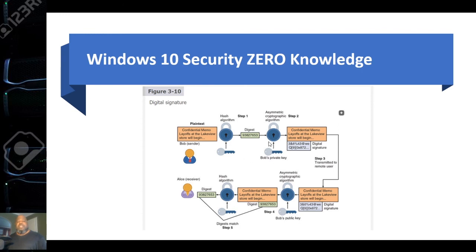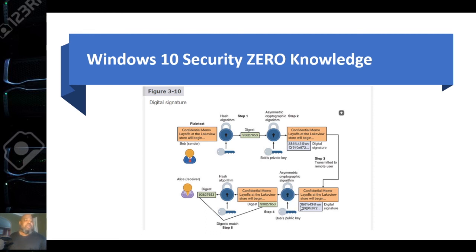If you see here, this is a communication between Bob the sender and Alice the receiver. There's a plain text message. It takes the hash algorithm and creates a digital digest of the message. So if any letter changes in this message, the digest will change. So Bob takes his private key, signs it, and sends the message with the digital signature on it. The digital signature goes to Alice.